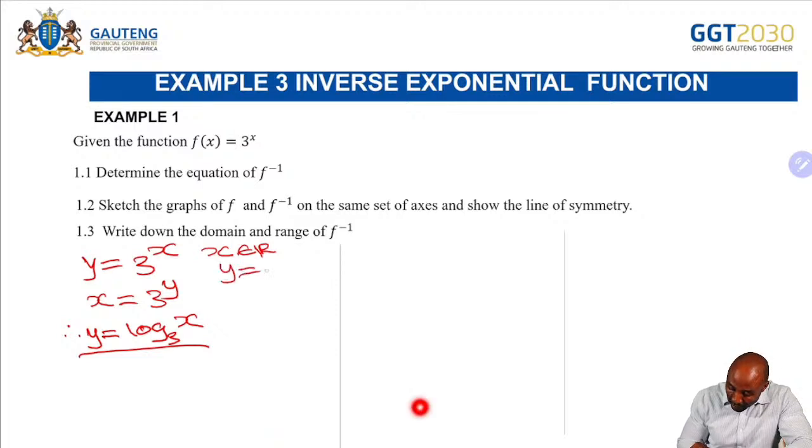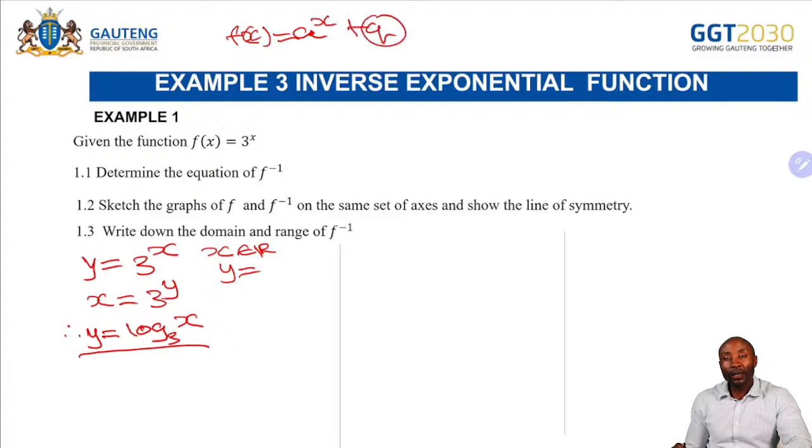My range for this function, my base is greater than 1, which means it's an increasing function. Remember our exponential function, we say f of x is equal to b to the power x plus q. And we know that this q is our horizontal asymptote.